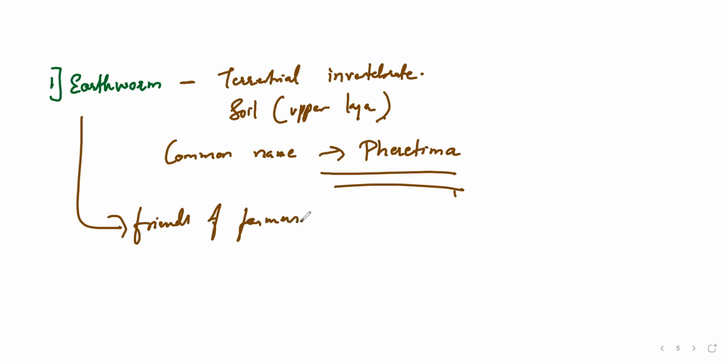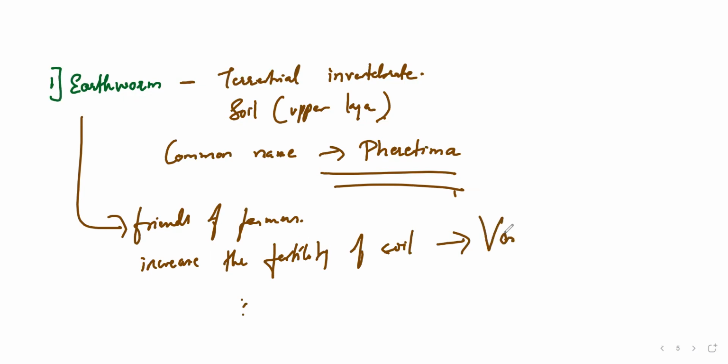The reason why they are called friends of farmers is they increase the fertility of soil by a process which is called vermicompost. Vermi means earthworm, and compost.